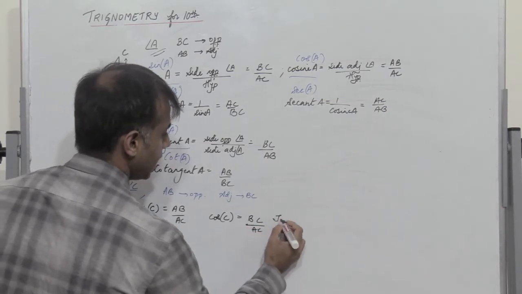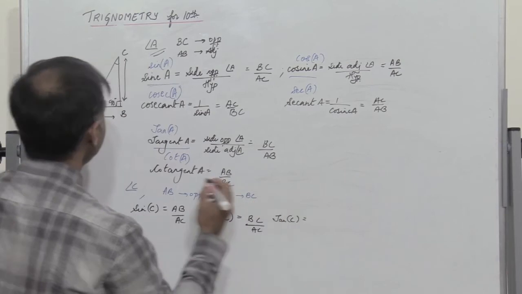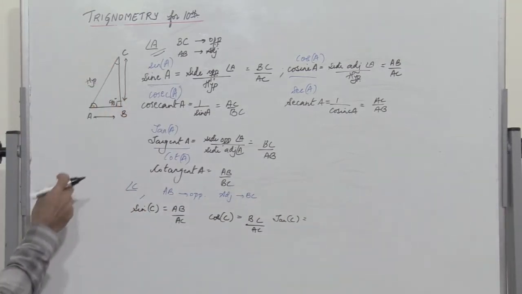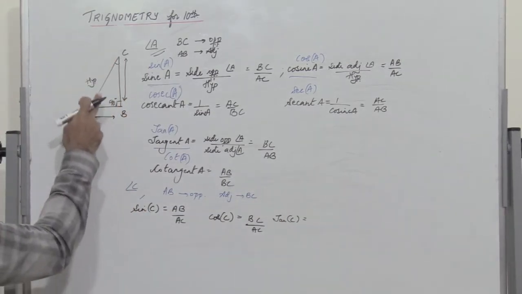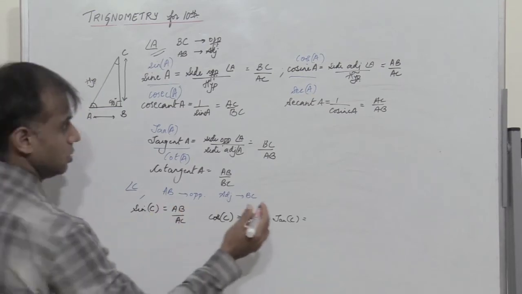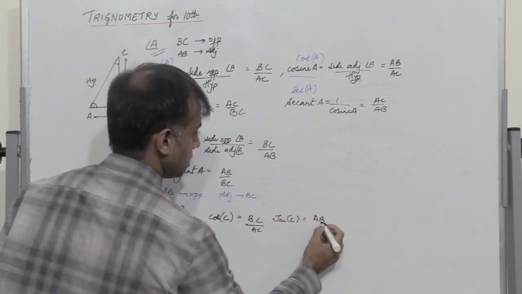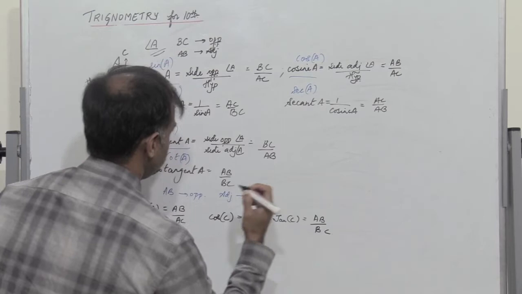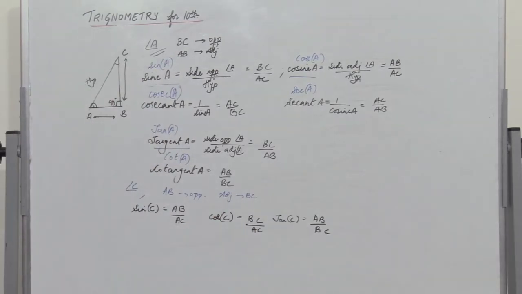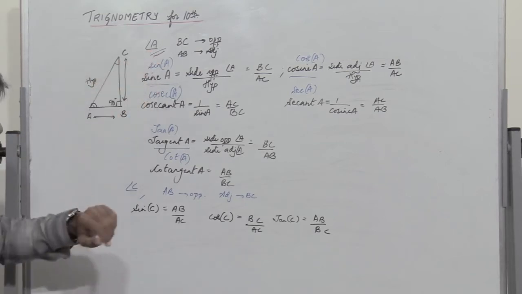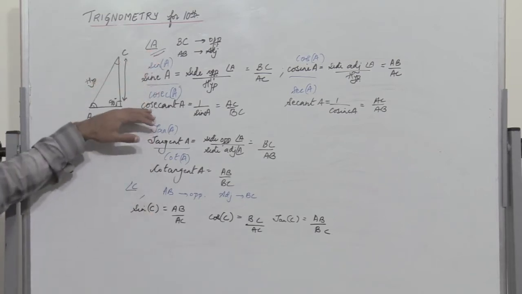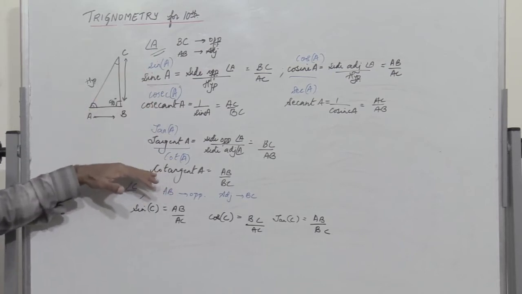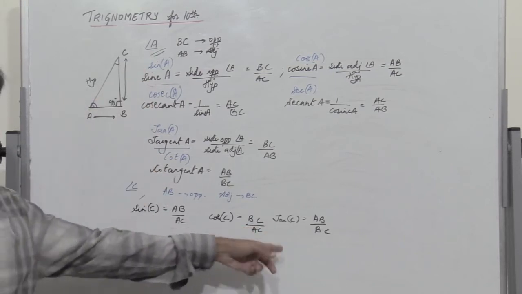And similarly tan of C is the opposite side by the adjacent side, which is AB divided by BC. Right? So now we have defined all these ratios with respect to angle A and angle C. Of course, you can find cosecant, secant and cotangent of C by taking their inverses.